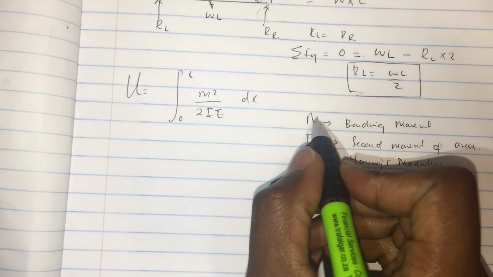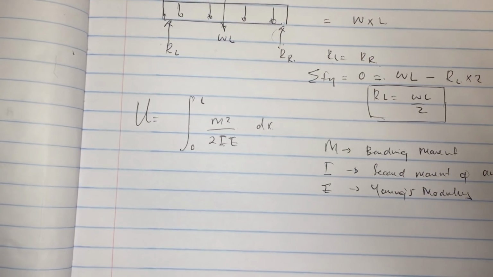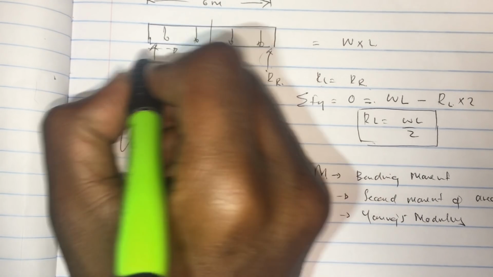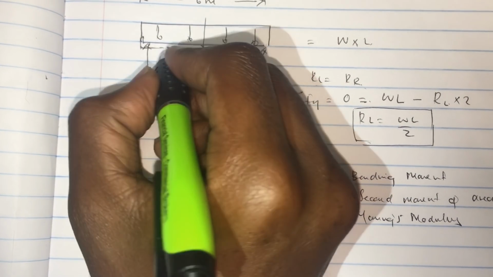So now we are in the process of determining the value of the bending moment. How do you determine the value of the bending moment? Let's take a position X from one edge of the beam.